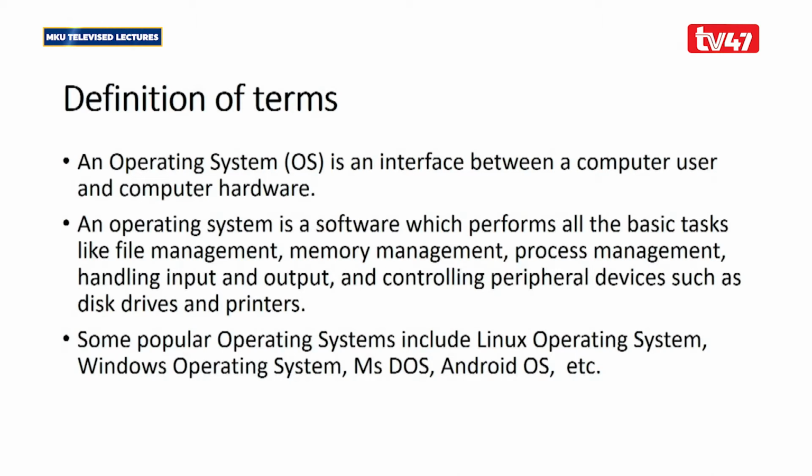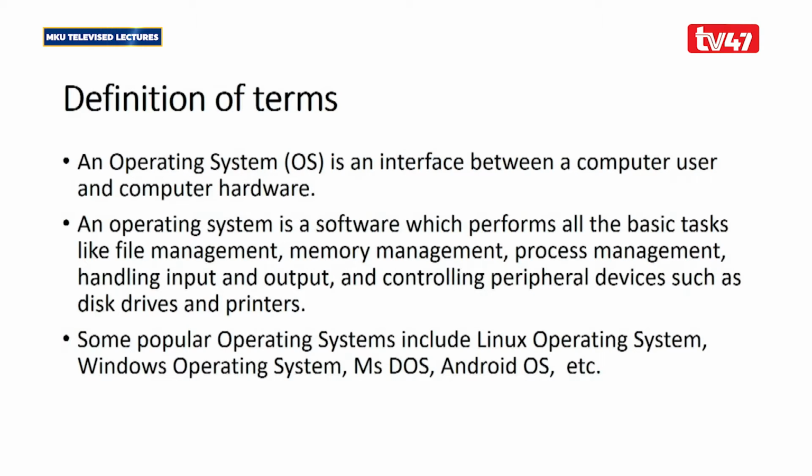We have files stored in the different directories of our computer system. We have memory, and all computer systems have memory, so this memory has to be managed. We have processes. Every activity that is happening in the computer system is a process. We have to manage them so that we don't have a crash in the process or even a conflict in the different processes that we are trying to run.